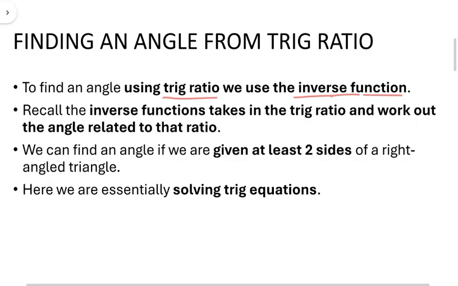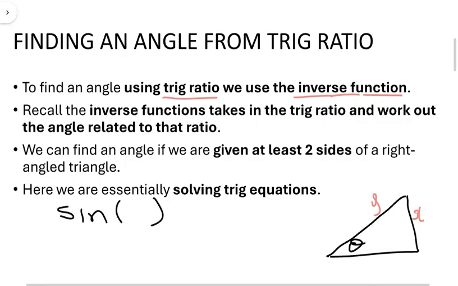Remember, if you have a triangle like this one with an angle theta, and this side is x and this side is y, right? If you take sine, for instance, and you substitute the angle theta, sine is going to give you the opposite of theta over the hypotenuse.